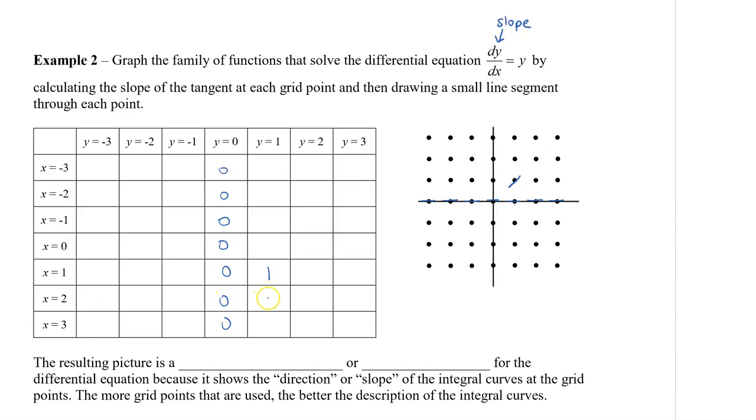At x equals 2, which is this point here, and y equals 1, the slope is still 1. So again, I'm going to draw a little line that has the same slope as this first one. At x equals 3, y is 1, so at the point 3, 1, again we have the same slope of 1. This is true of all the values where y equals 1 and x can be any number.